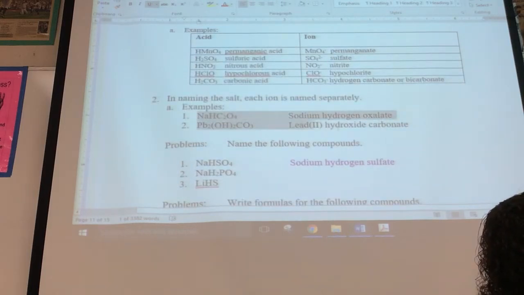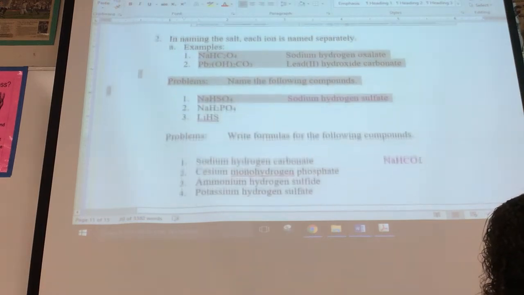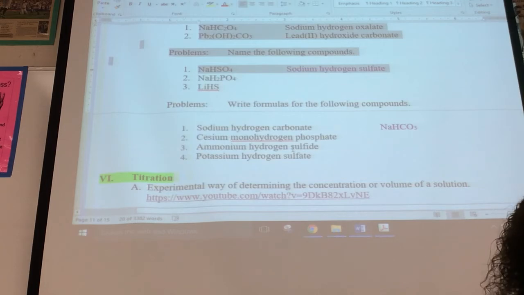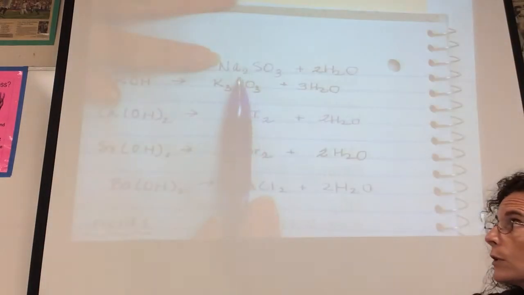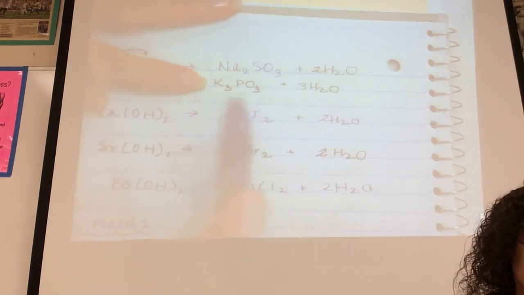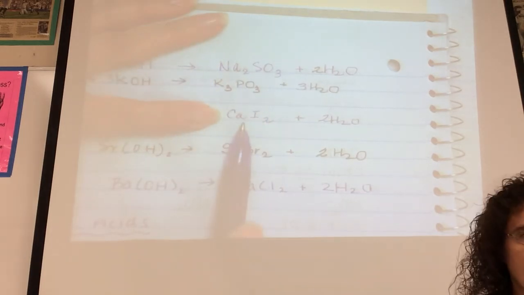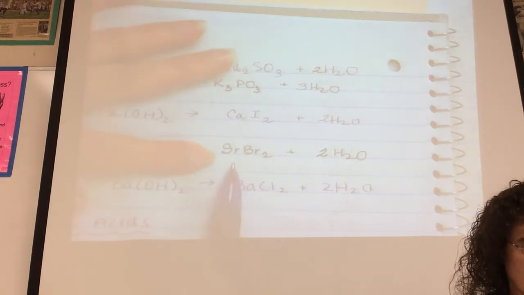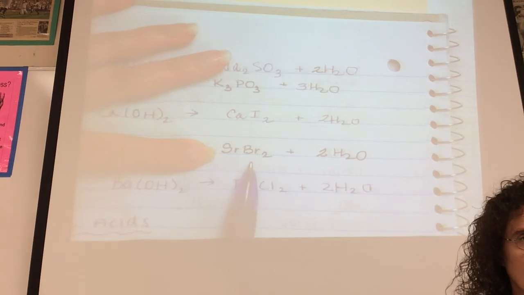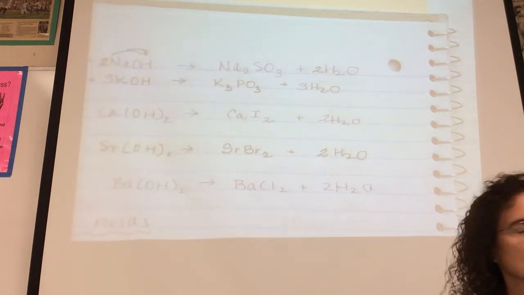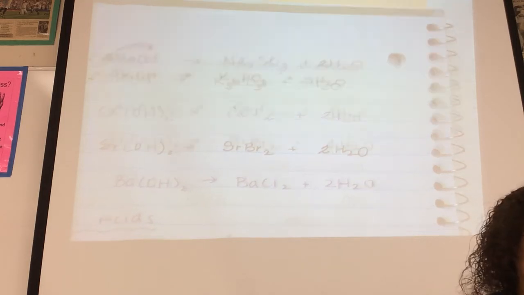These are far more complicated than anything you will ever see, so I'm not concerned there. You already know how to name all of these salts. For example, sodium sulfite, potassium phosphite. What's the name of this salt? Calcium iodide, strontium bromide, barium chloride. So you already know how to name salts.